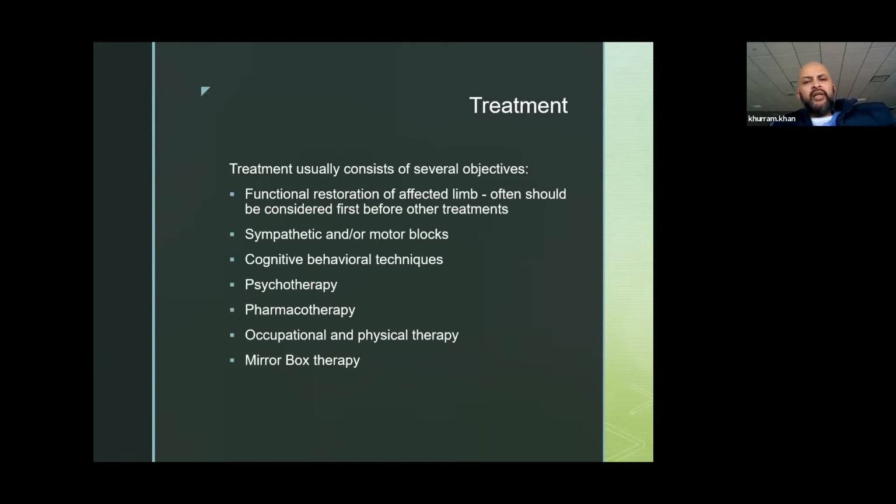The treatment actually consists of some of these things which are given here on this list, and those actually are patient specific, as we will see in the following slides. So not all these things actually help all the patients. Some of them actually get better with something and others don't. That's how it goes.